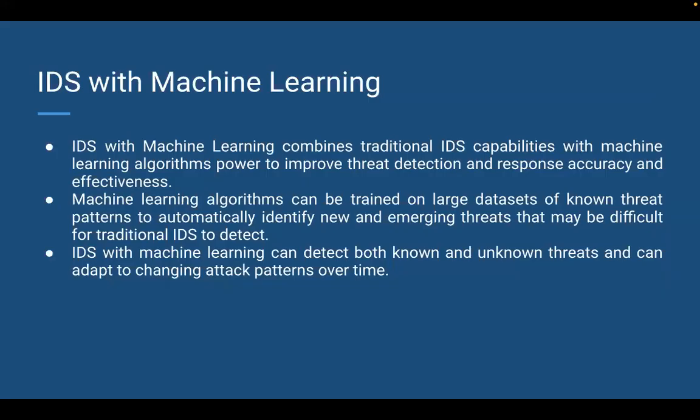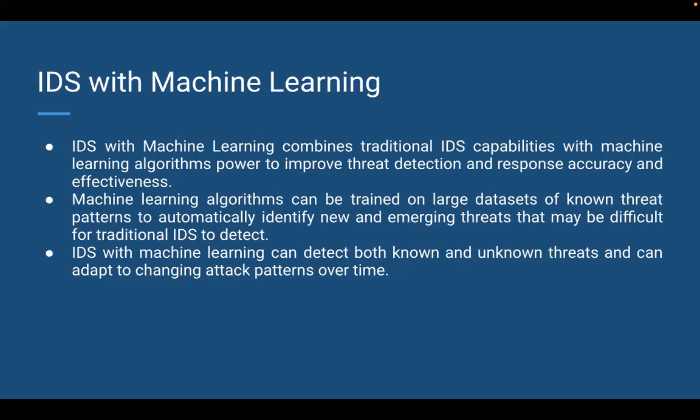And next is IDS with machine learning. IDS with machine learning is an enhanced version compared to traditional IDS techniques. It combines traditional IDS capabilities like log analysis, response and alerting, and signature-based detection with the power of machine learning algorithms to improve threat detection and response accuracy and effectiveness.